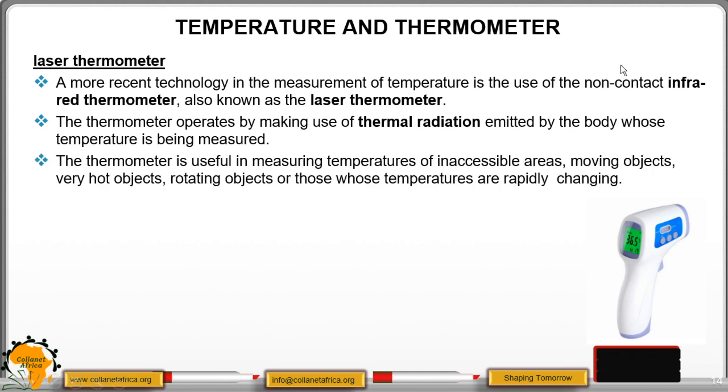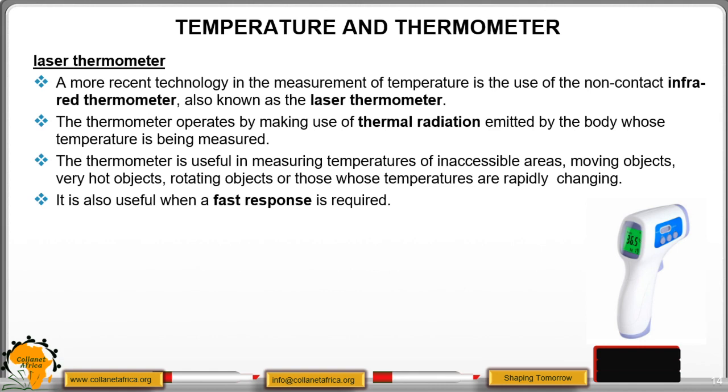Now this one is used to measure inaccessible areas, or moving objects, or objects that are very hot, or rotating objects, or when you want to get a temperature that is rapidly changing. It is also useful when you want a fast response.